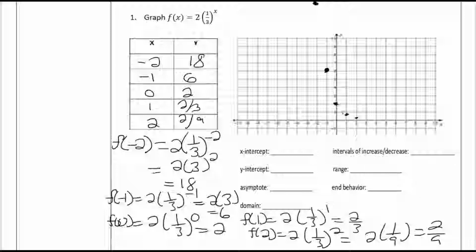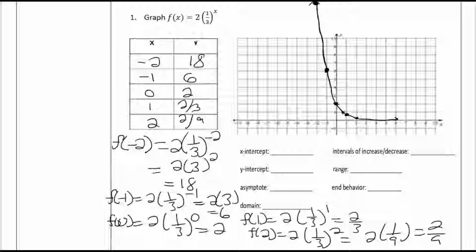And you can go ahead and begin to graph the function now. You can see it's decreasing pretty fast. This is a decay. You see how it's decreasing? So that's a decay function.